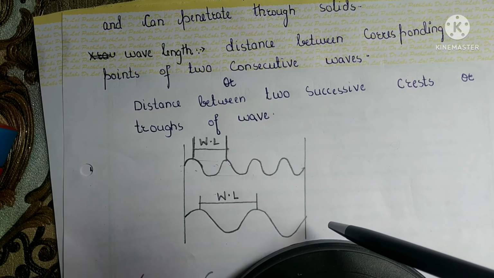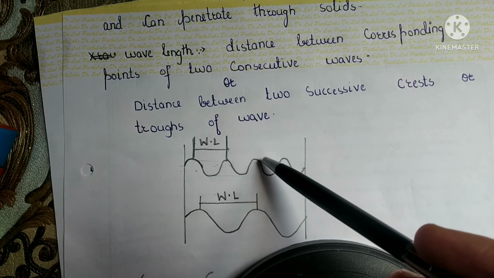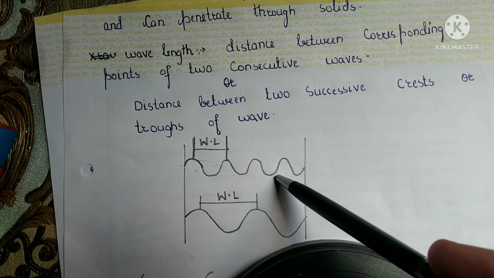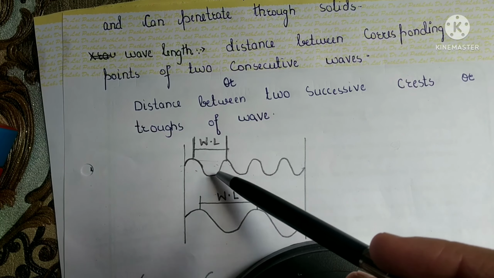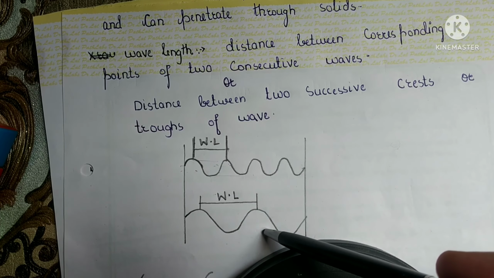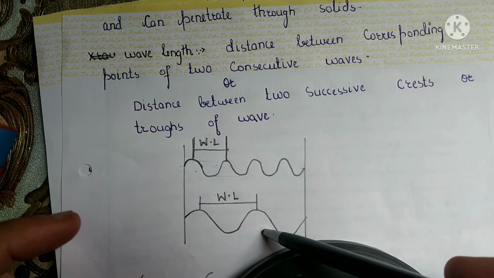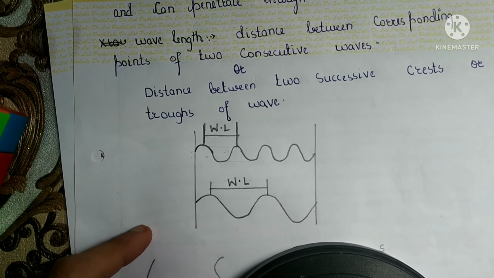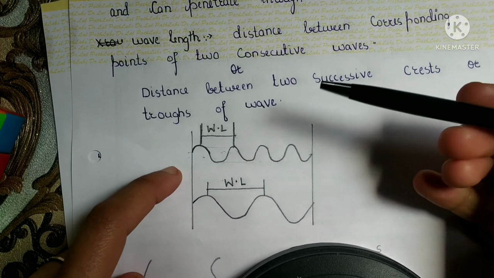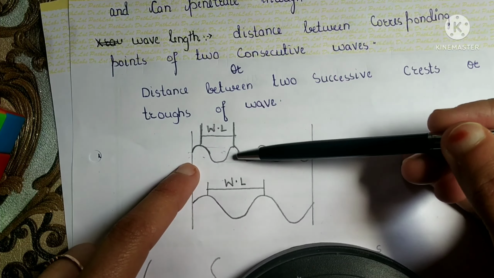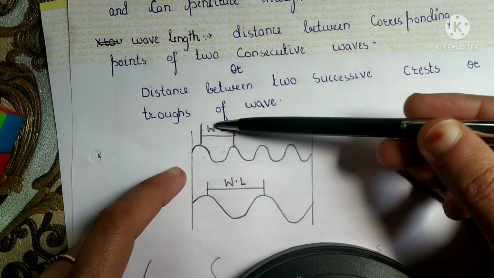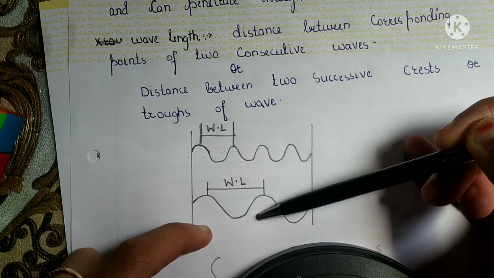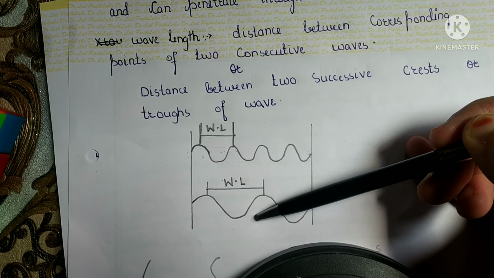If you can see here, two waves are here. This one has got short distance between its crests and troughs, and this wave has got long distance between its crests and troughs. So we can simply say that the upper wave has got short wavelength because of the short distance between its crests and troughs, and this wave has got long wavelength.